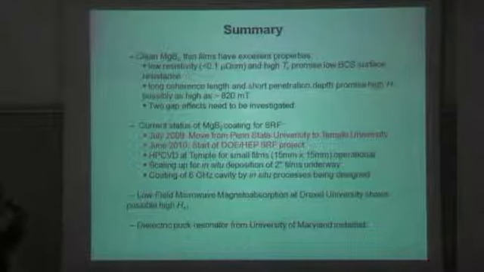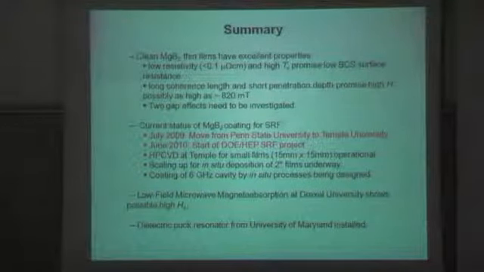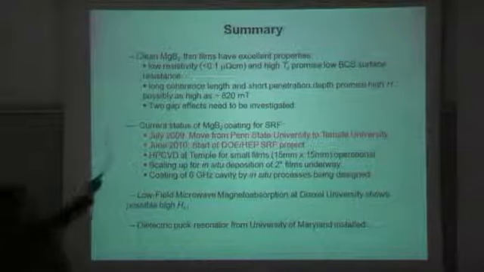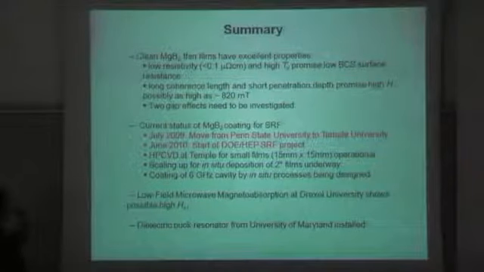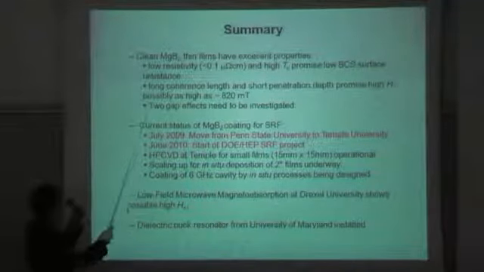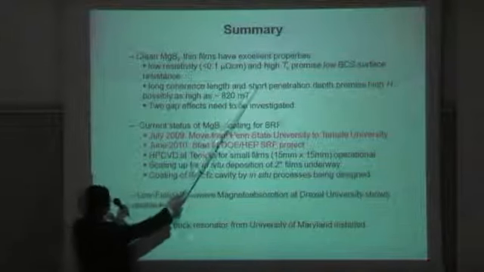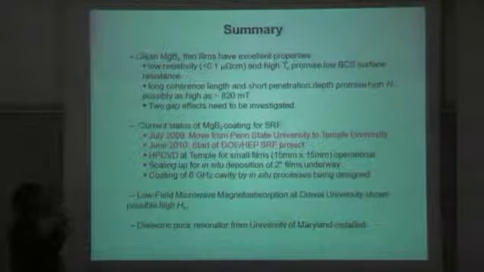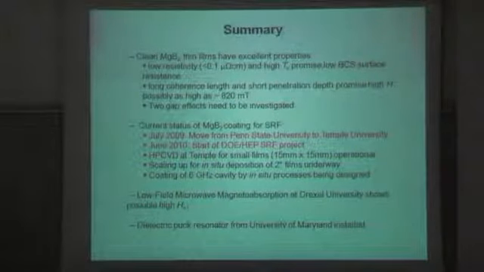To summarize, I first talked about why we are interested in magnesium diboride: the low resistivity and high TC promise low BCS surface resistance, which could be lower than niobium. And we have the short penetration depths that promise a higher thermodynamic critical field.